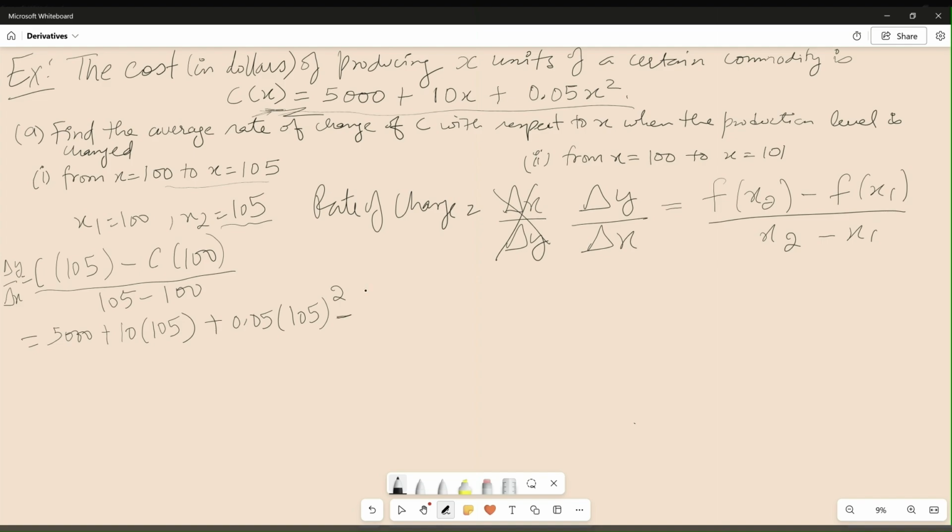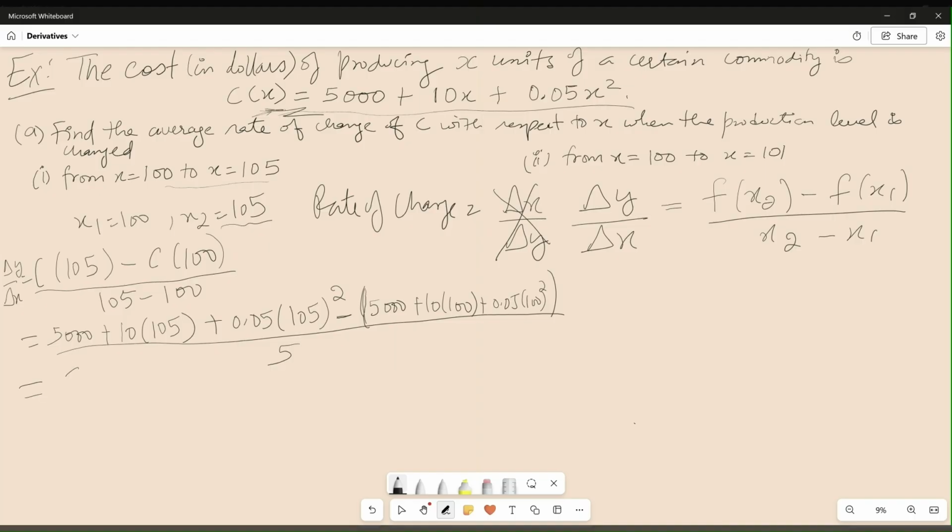I'm going to do the plug-in again: 5000 plus 10 times 100 plus 0.05 times 100 squared, divided by 105 minus 100, which is 5.